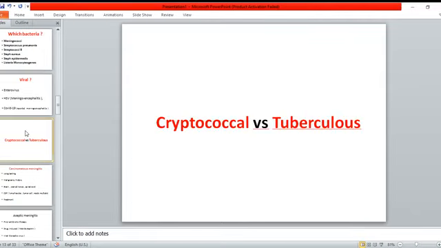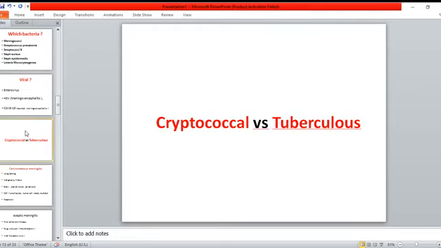So in both cases the presentation is subacute and the patient is immunocompromised. In the CSF, both are lymphocytic, and both show high pressure, increased protein and low glucose, especially with TB, which gives a very low glucose.